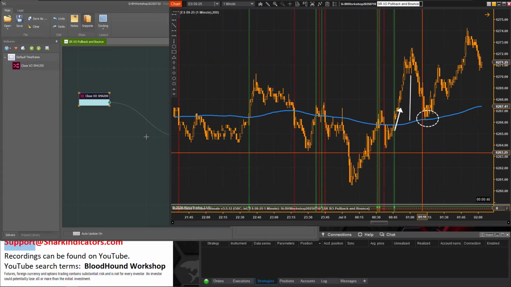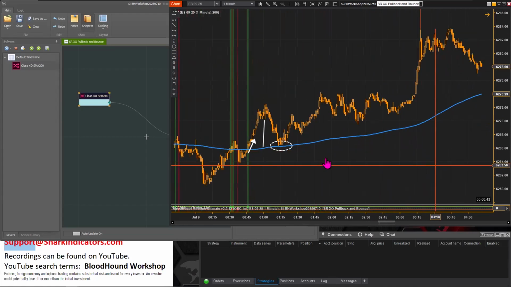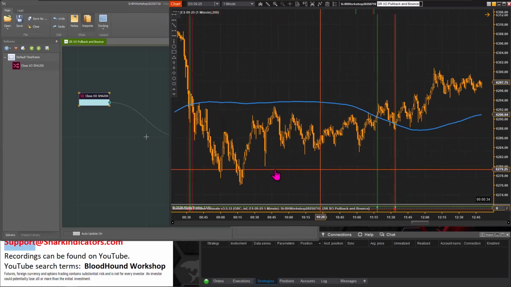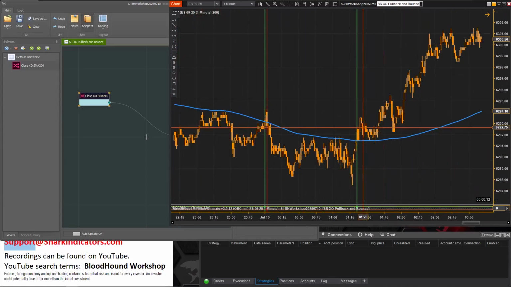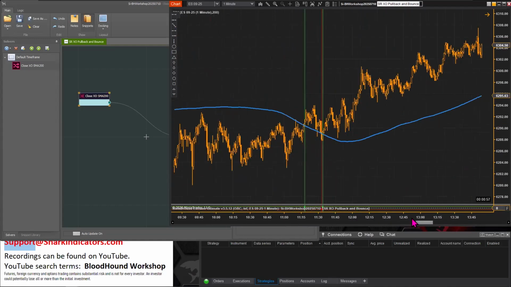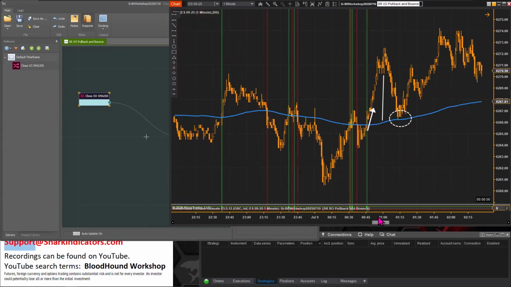I think there was another good example back here somewhere. Yes, something like this. Even though this kind of worked out, you've got to ask yourself, is that really the same pattern? Yes or no. This is all subjective stuff that you'll have to figure out.